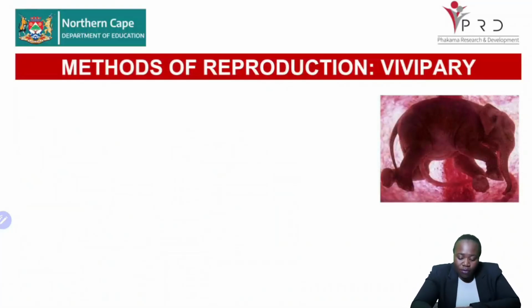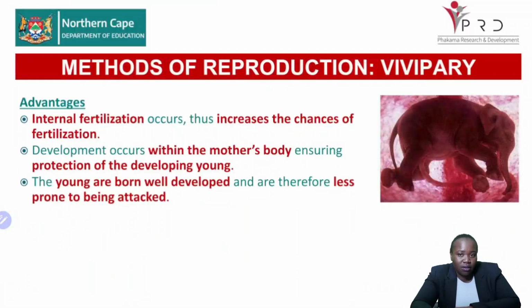Okay, now we move on to viviparity. Right, with viviparity, that is where we see internal fertilization taking place, right? It means that chances of fertilization are increased in this case because it will be easy for the sperm cell to reach the ova or the egg cell, right?